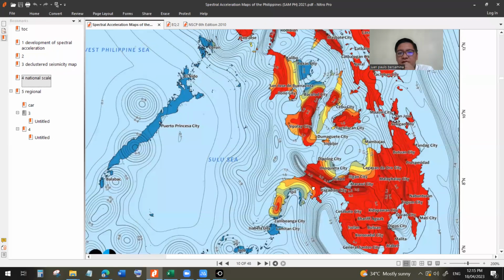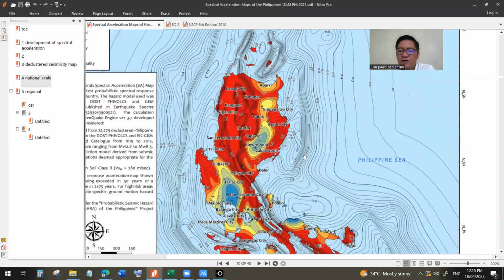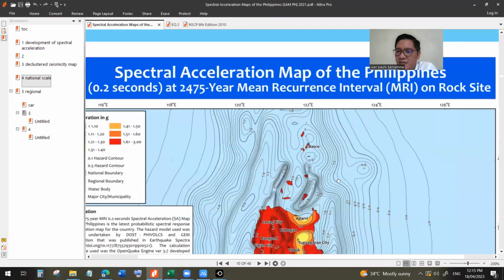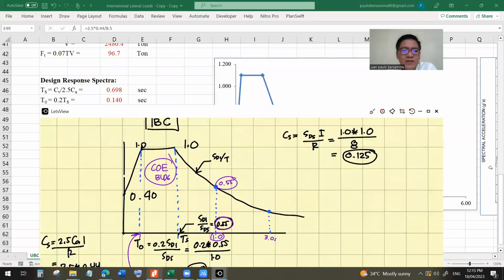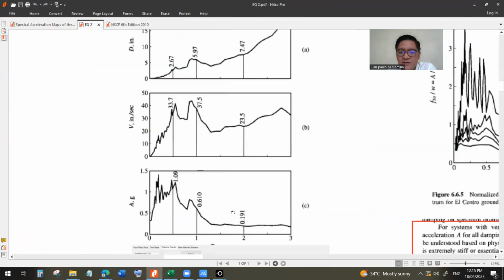So you see, no, ito yung application of studying response spectra. Because for me, kung hindi nyo na-aral yung diniscuss natin na ito, spectral acceleration, hindi mo ma-grasp yung idea of spectral acceleration.